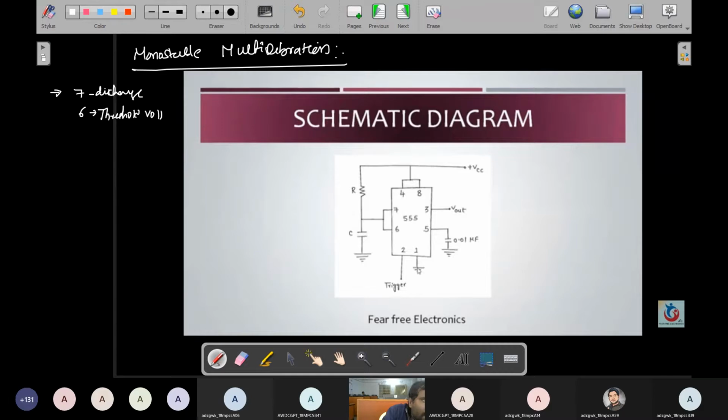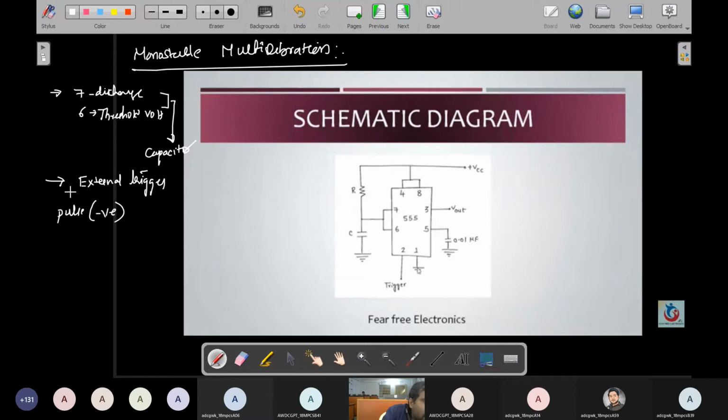These pins are combined, and these two pins are connected to the capacitor. In the monostable multivibrator, we give an external trigger pulse. This external trigger pulse is only in the negative direction, understand?